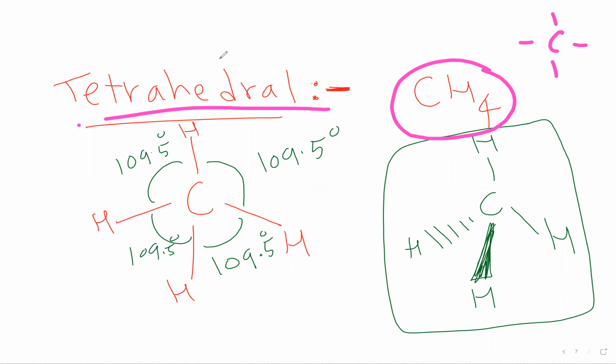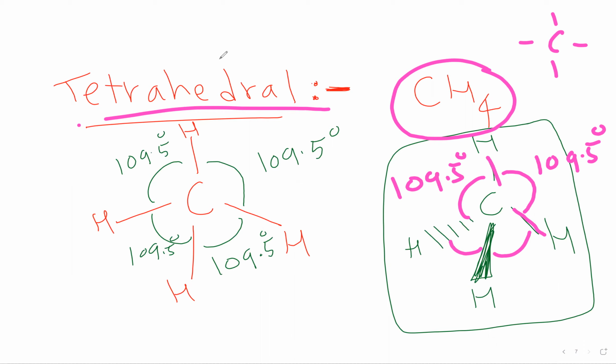If this bond and this bond are forming an angle, they should be separated by 109.5 degrees. The angle that's formed here is the same; everything is 109.5 degrees.